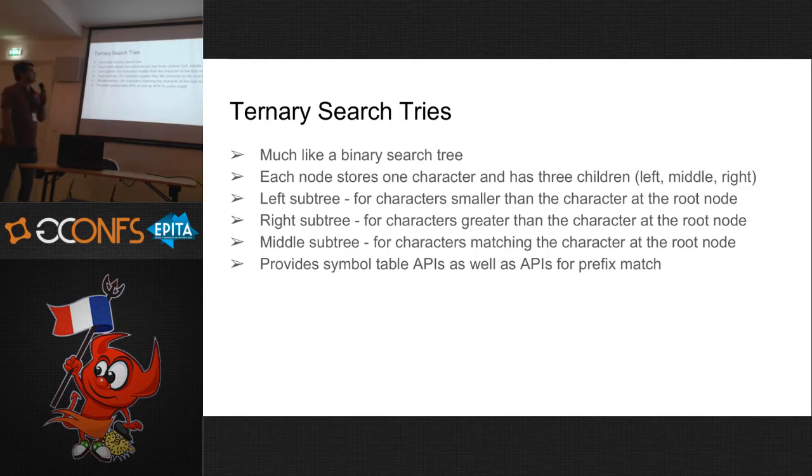These are much like a binary search tree, but instead of having 2 nodes, at every level it has 3 nodes. And every node stores 1 character of the word. If the next character is smaller than this character, we go to the left. If the next character is greater than this character, we go to the right. And if it matches the current character, we go to the middle node. So that's how we traverse.